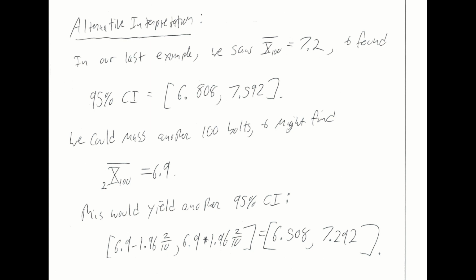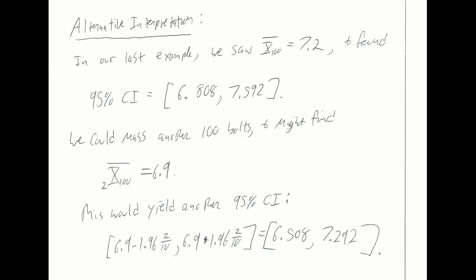In our example where we were massing bolts, we bought a box of 100 from the company. We wanted to know how much they weighed, so we weighed those 100 and found a sample mean of 7.2 grams. That generated a 95% confidence interval that we've been discussing. We could buy another 100 bolts.